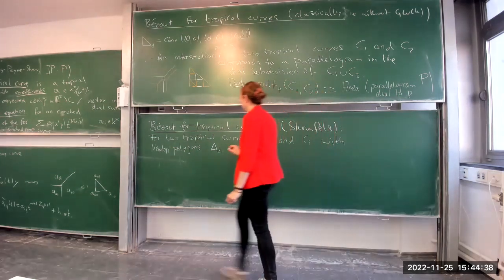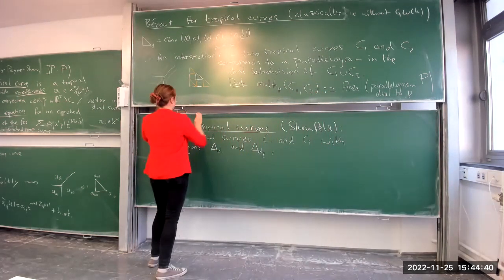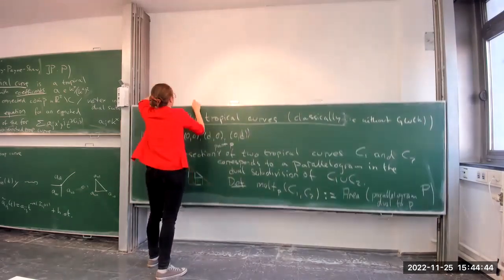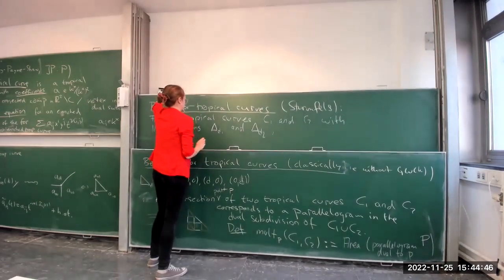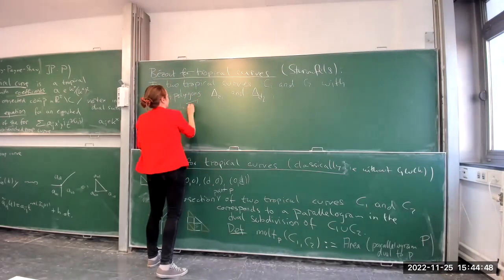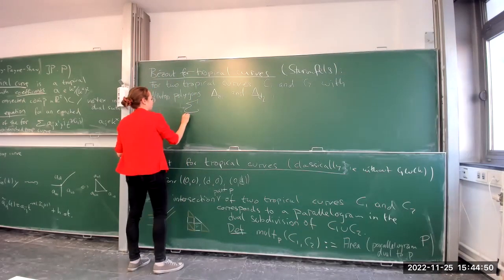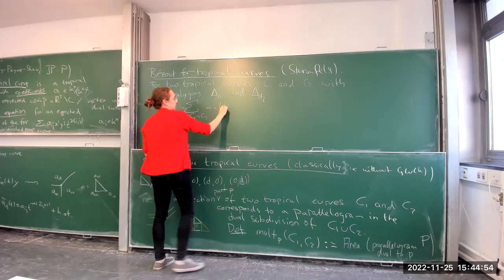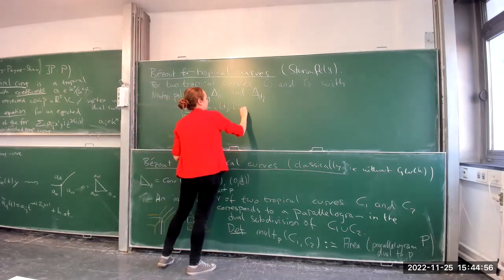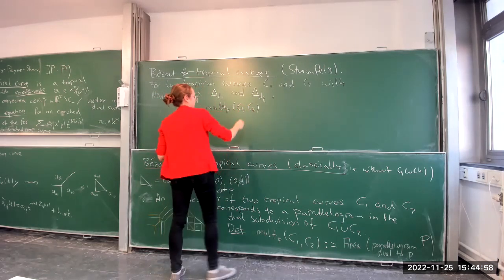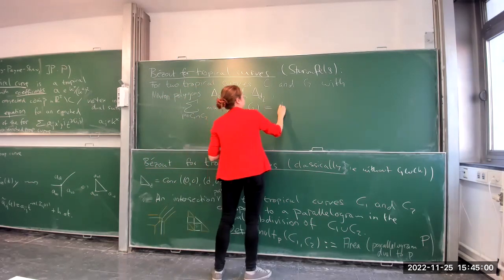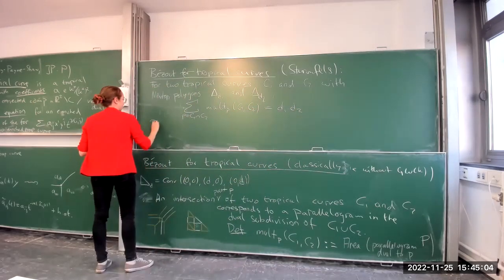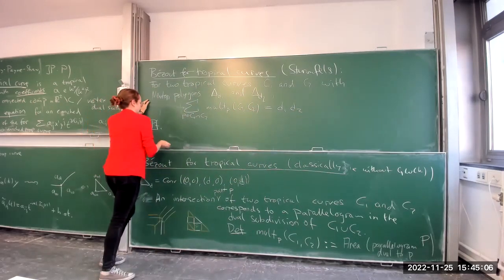The sum over all intersection points of the intersection multiplicities of C1 and C2 equals the product of D1 and D2.